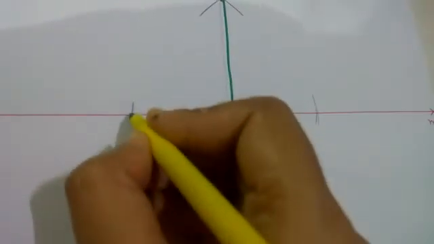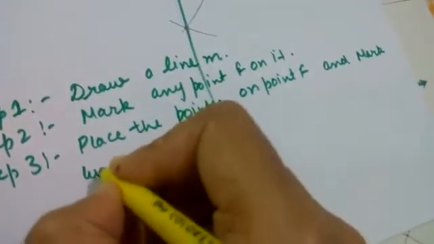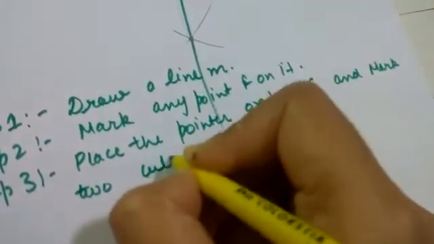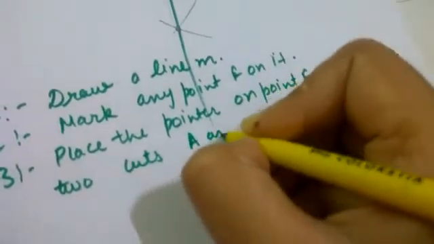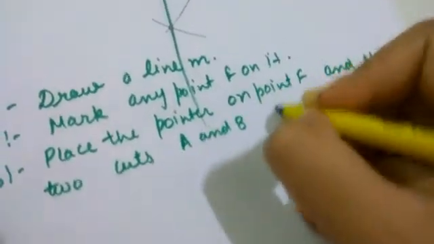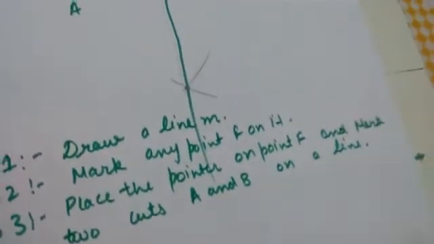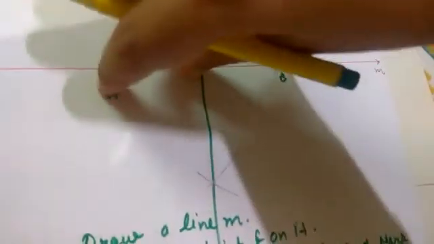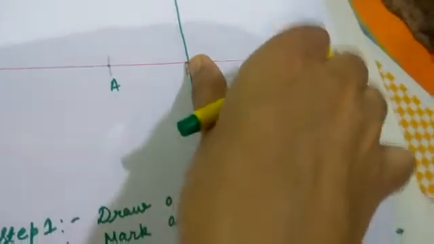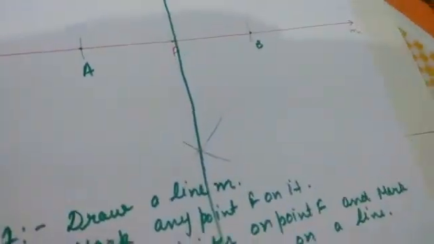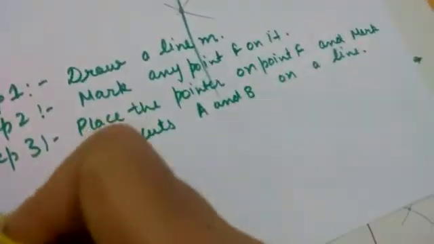Let us say this cut name as A and this cut name as B, and mark two cuts A and B on the line. Get it? When you are cutting these two cuts, be very sure your compass should not move here and there. Get it? Now step number 4.